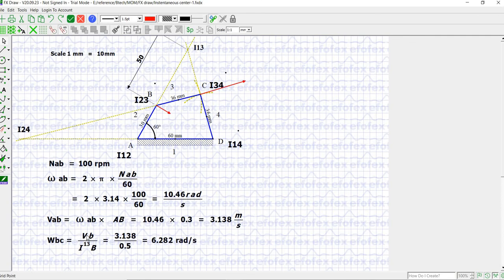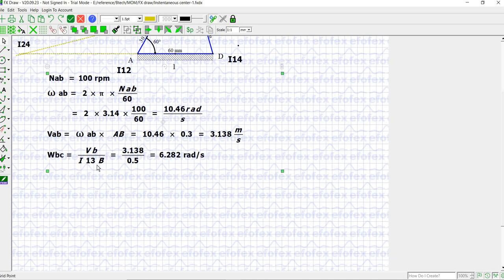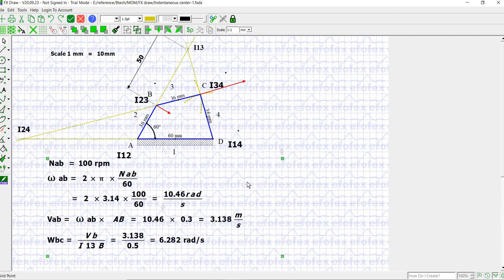Omega is equal to VB, the absolute velocity of B, divided by the radius of rotation, that is I13B. I13B is equal to, VB we already found as 3.138 divided by 0.5, which is nothing but 6.282 radians per second.